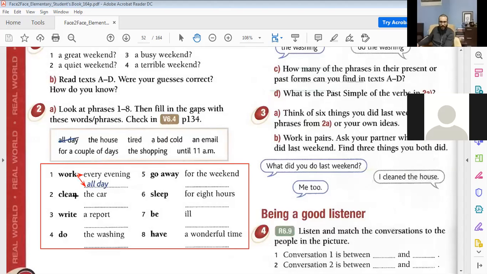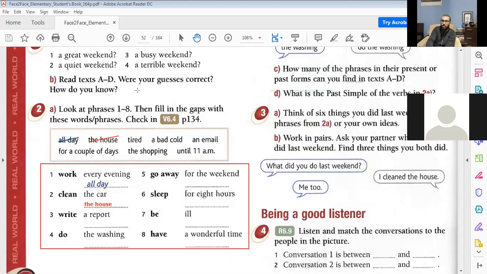We can say clean the car or clean the house. Can you see the house? Clean the house. I think that's right. Yes. So maybe clean the house, clean the car. We can say write a report or write an email.